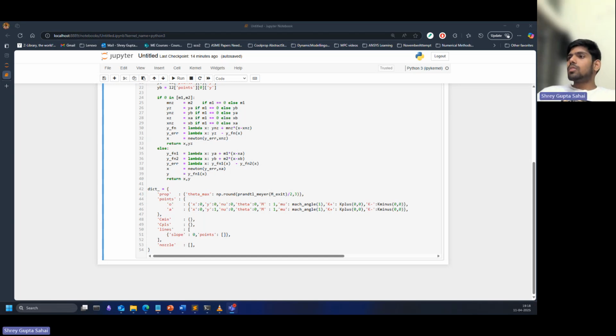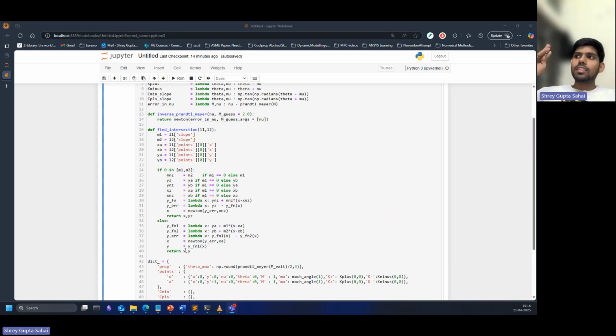Okay, let's continue. The way this works is that we are expecting the slopes to be some finite value. So slopes cannot be some infinite number. Now that slopes cannot be infinite, they can still be zero. That is another asymptotic case. In that case, you can't simply find the intersection by using finite slope values.